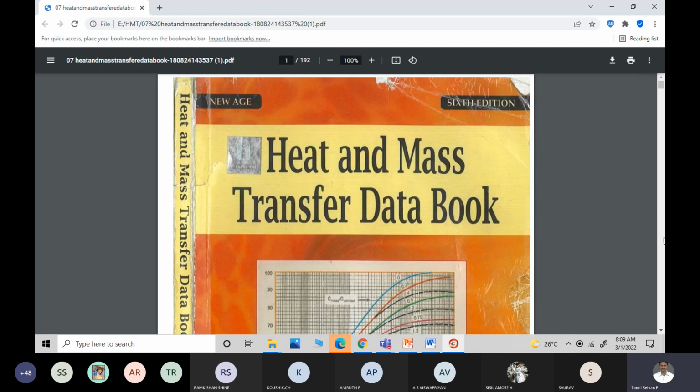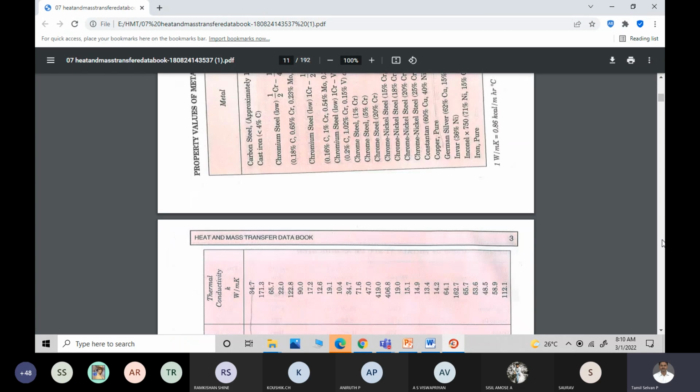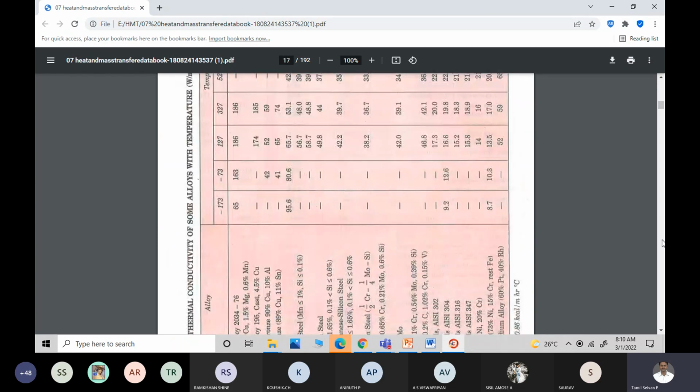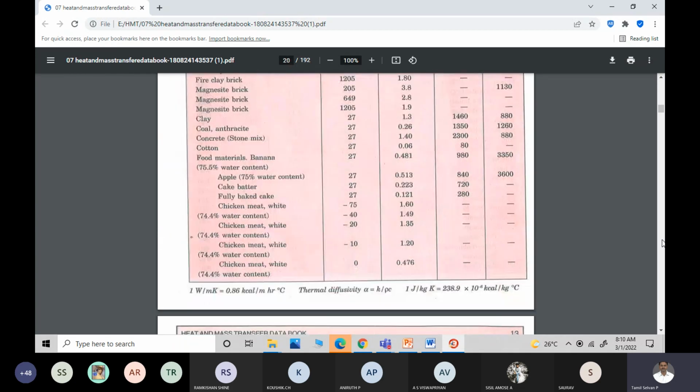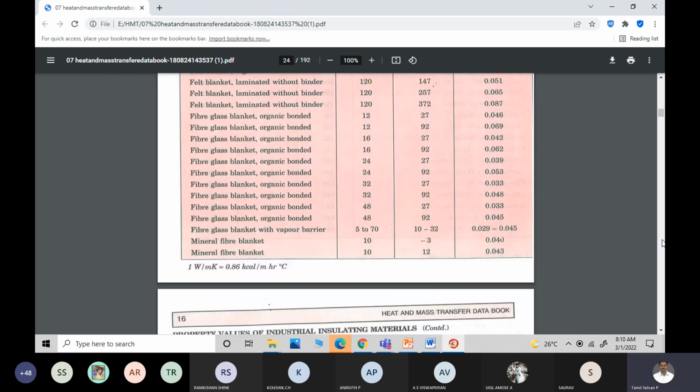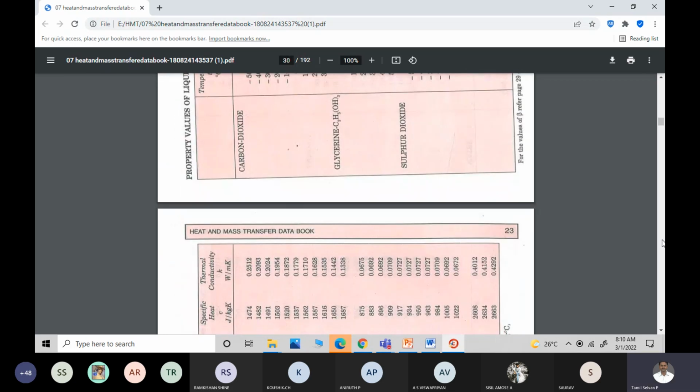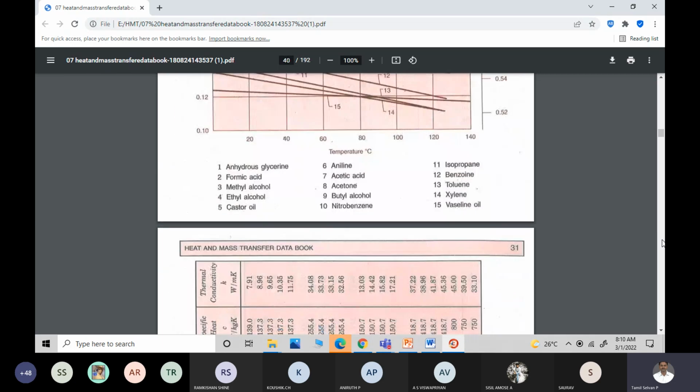Please understand that. Especially for the pin apparatus experiment, without the HMT data book it is very difficult to write the formula. Not only for the class, even for the FAT exam, you can refer to the HMT data book, especially for formulas, and you can write.